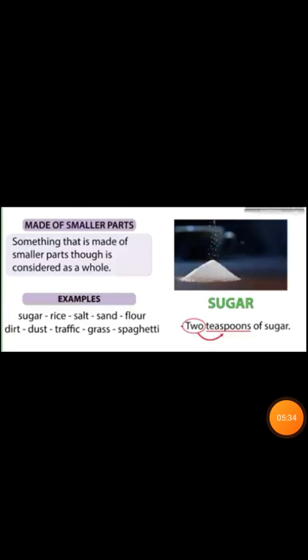These uncountable nouns are made of smaller parts, smaller particles. Something that is made of smaller parts is considered as a whole. Examples: sugar, rice, salt, sand, flour, dirt, dust, traffic, grass.